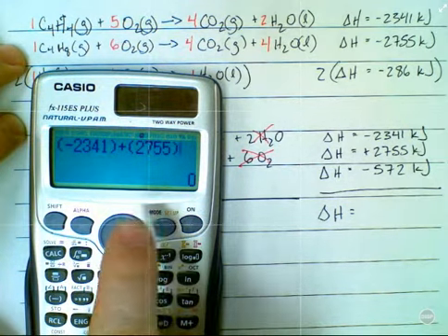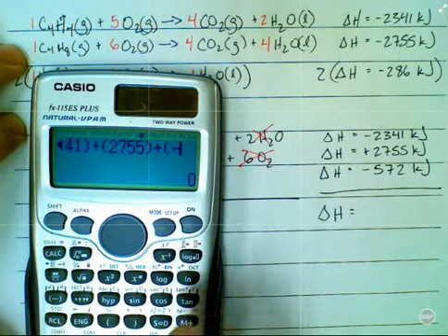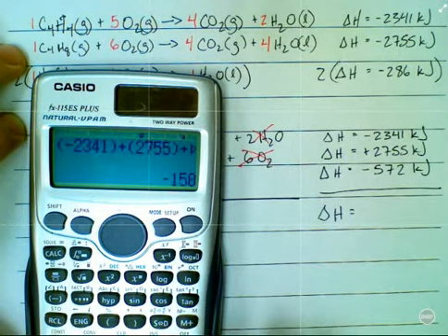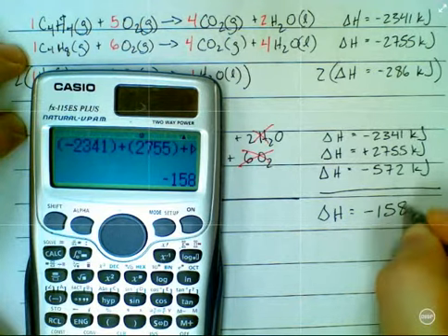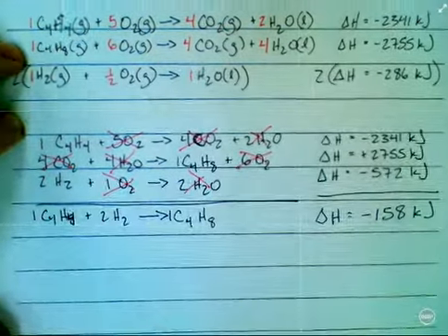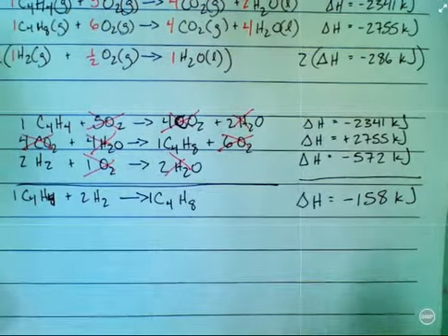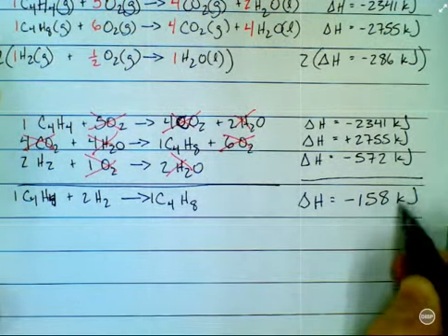That's a positive value. And then plus a negative 572. And overall, this reaction I've indicated here will have a delta H of negative 158 kJ.